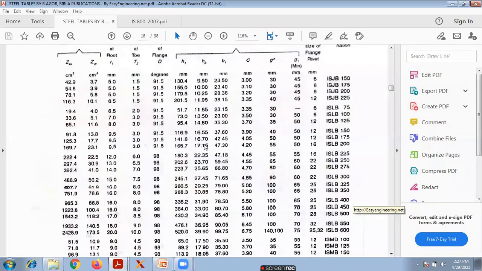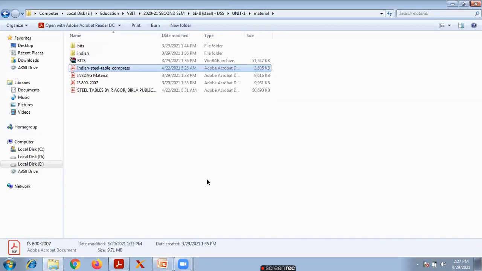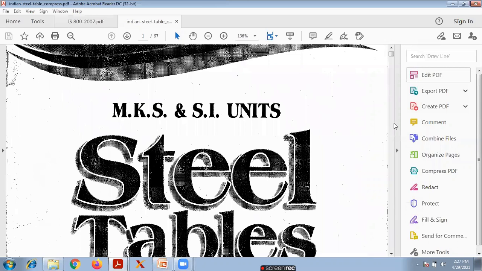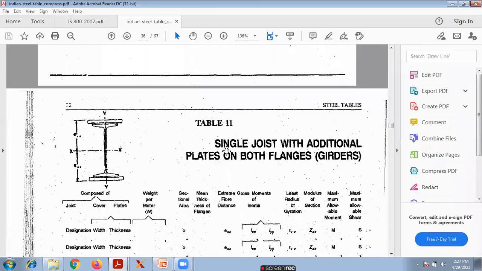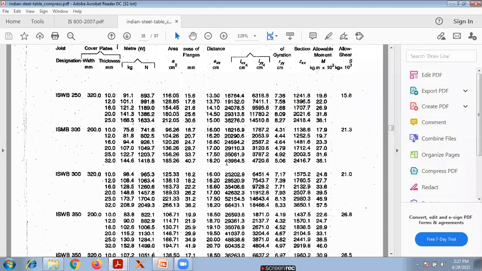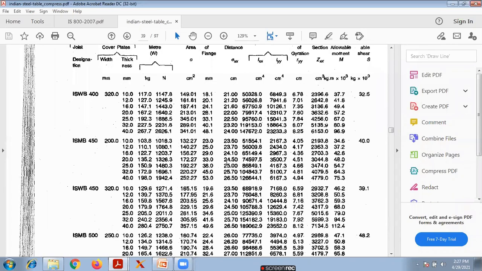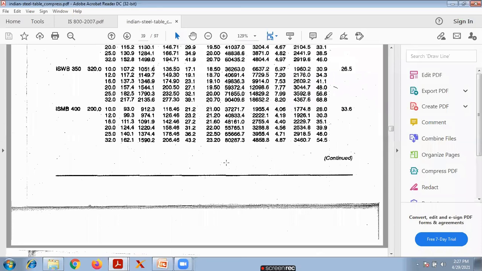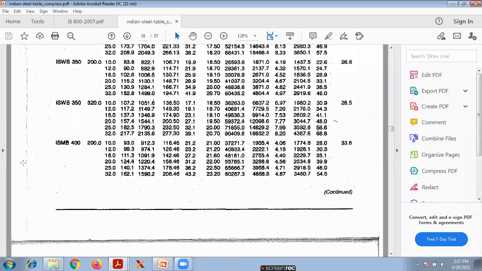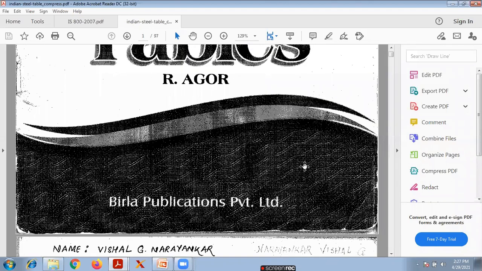Anyway, I will open another PDF. Please wait for a while for our better visualization. Please wait for 1 minute. Yeah, if you observe here, ISMB 400, if you see this one, it is a single joist, but we have to take the rolled one.